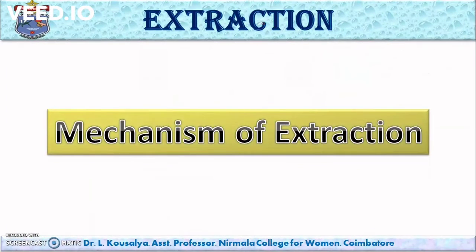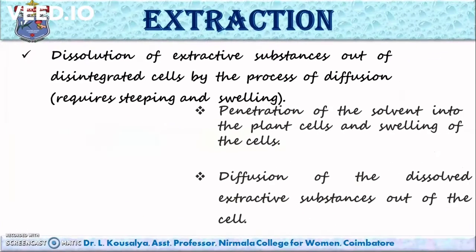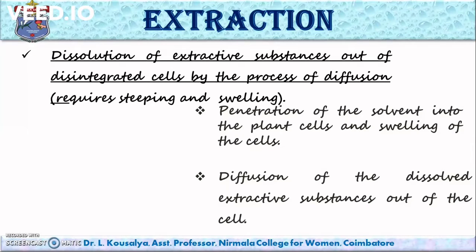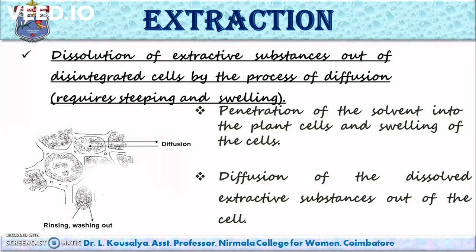Coming to the mechanism of extraction. In this mechanism of extraction, the dissolution of extractive substance comes out of the disintegrated cells by the process of diffusion. You can see this picture. So the solvent enters into the plant cell by the process of diffusion and makes the cell swell.